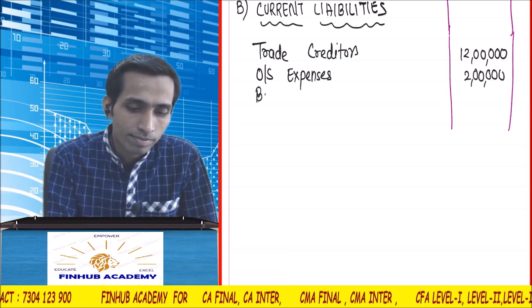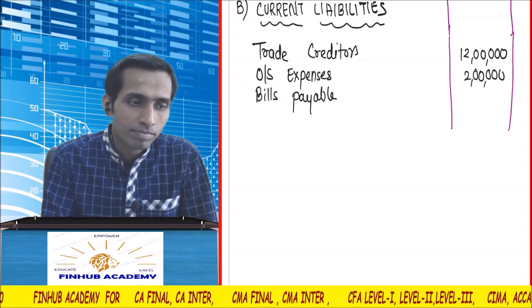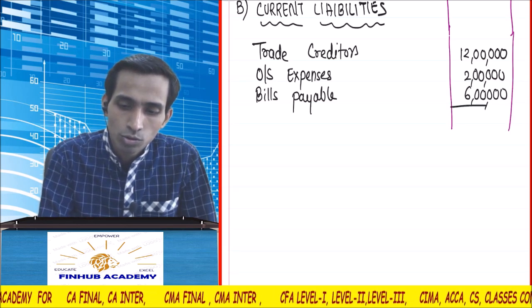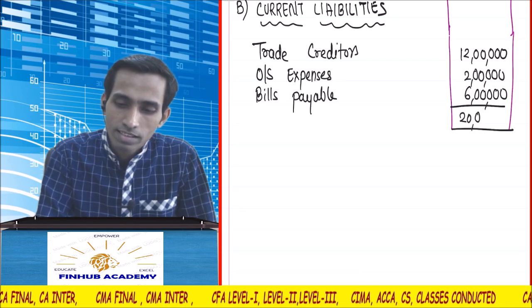Bills payable, 6 lakhs. Total is 20 lakhs.